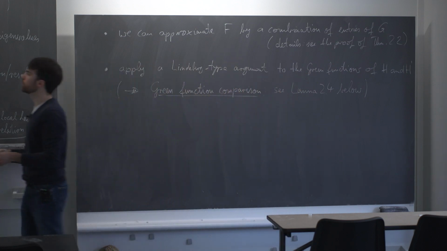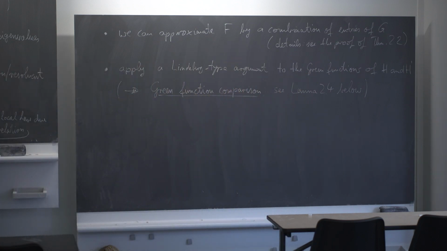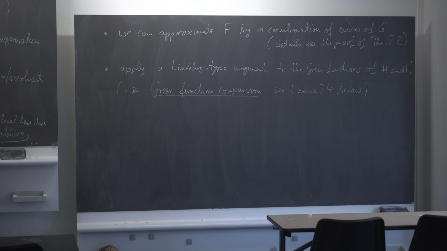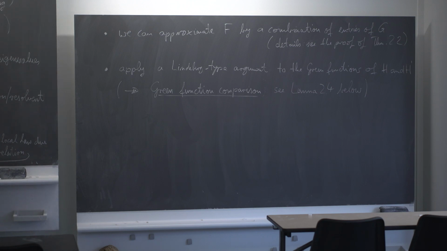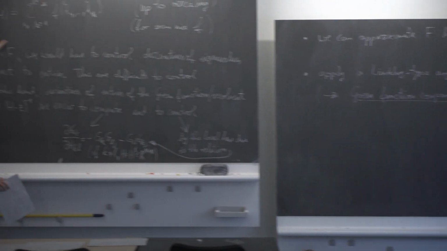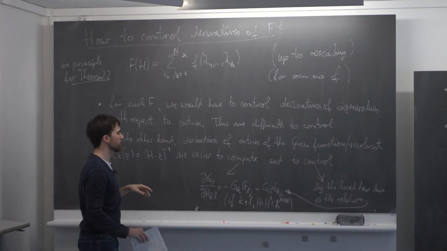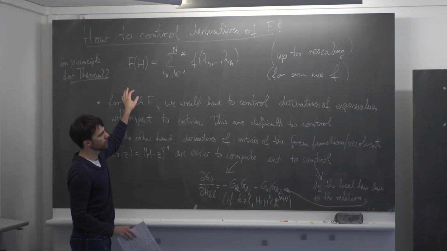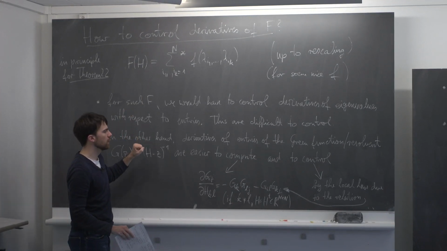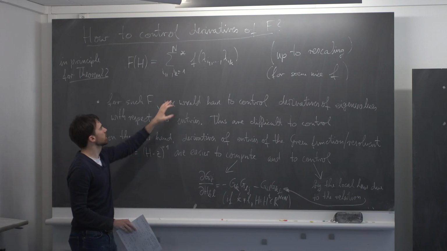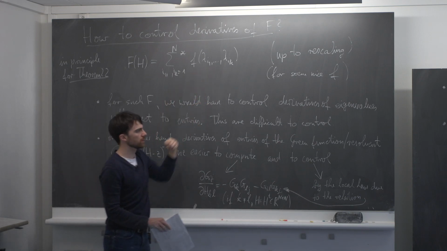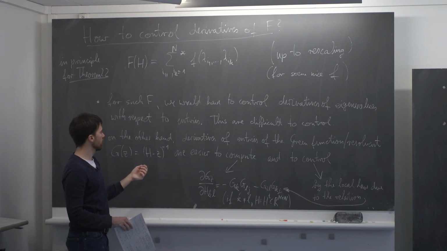So let me just recapitulate the ideas that we used here. We want to study this f, but instead of controlling f directly, because we would have to control derivatives of eigenvalues, we prefer to rewrite f in terms of the resolvent, which should be possible because this is a function of eigenvalues and the resolvent carries all of the information about the eigenvalues.